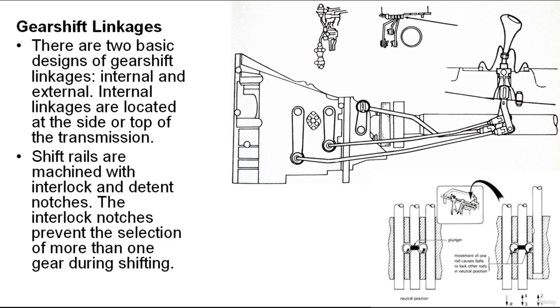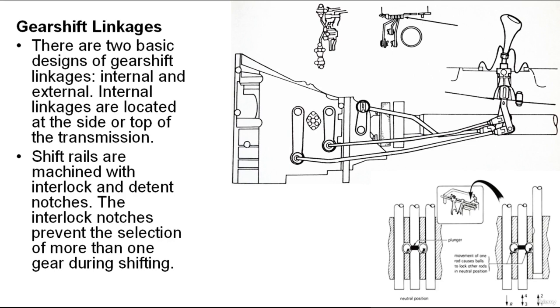Shift rails are machined with interlock and detent notches. The interlock notches prevent the selection of more than one gear during shifting. When a shift rail is moved by the shifter, interlock pins hold the other shift rails in their neutral position.